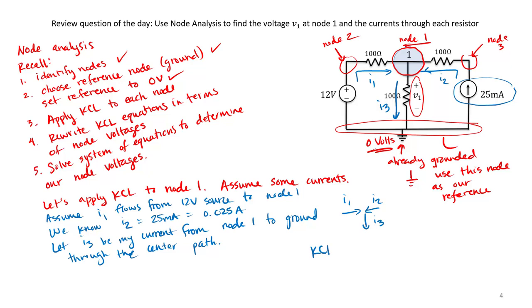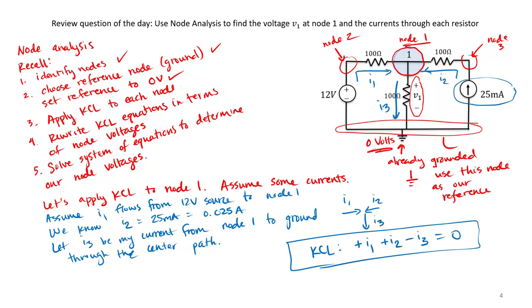So by Kirchhoff's current law, I give current entering a positive sign, current leaving a negative sign. I end up with plus I1 plus I2 minus I3 equals 0. That is my Kirchhoff's current law equation for step 3. Notice how much it helps to draw pictures here. Don't be afraid to draw pictures if it helps you keep everything straight as you work on these circuits.